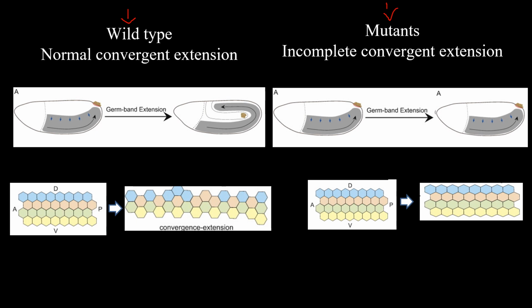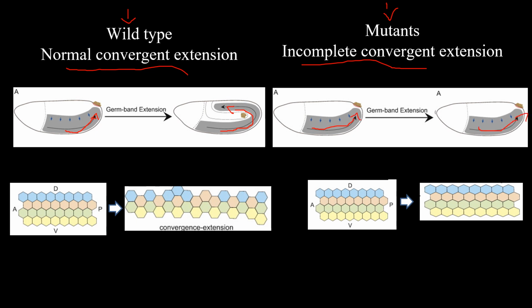In the normal wild type, you will have normal convergent extension, while in the mutant, you are going to have a disruption in the convergent extension. So look what happens during convergent extension. The tissues start getting longer and narrow. And when you have a mutation, this is not going to elongate anymore.